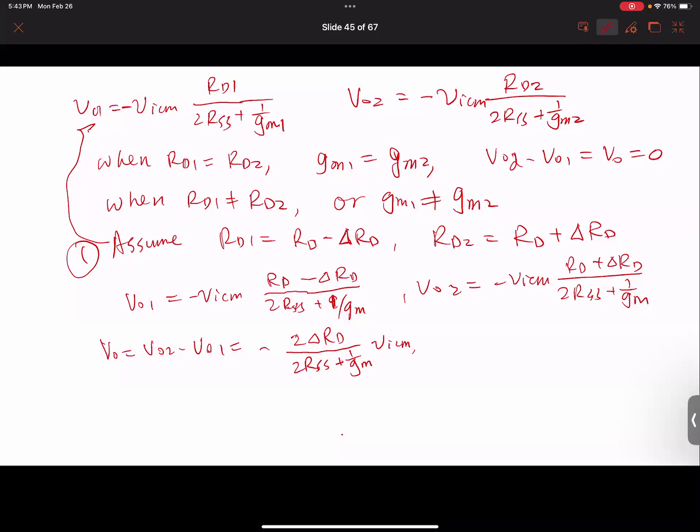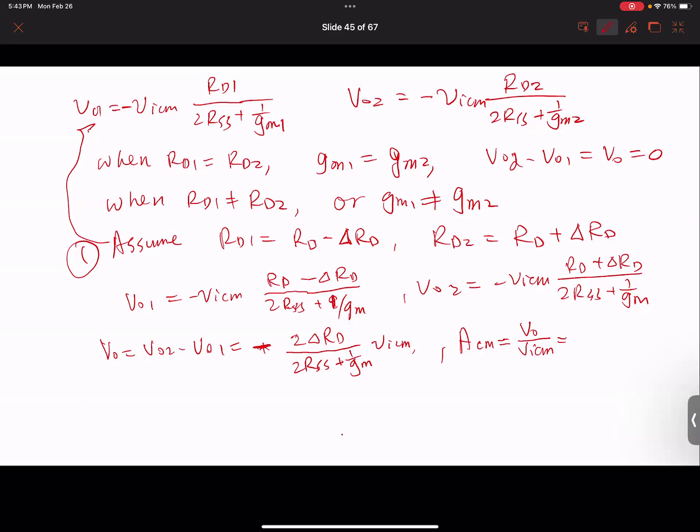We take the ratio between VO and VICM. We call this A_CM, the common mode gain, which is VO over VICM. There's a minus sign because VO2 is minus VO1, which is okay.